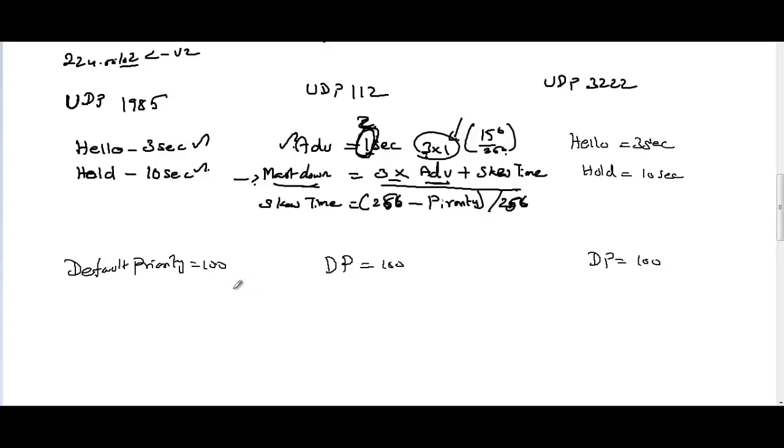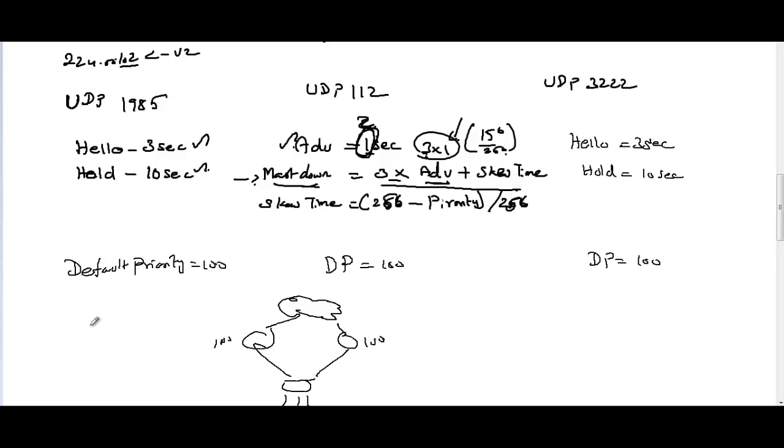Now, if I have 2 routers as a gateway, both are going to have 100 and 100. So there is a tie. Then which will become the gateway, or the active device?